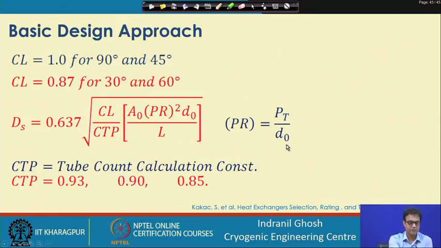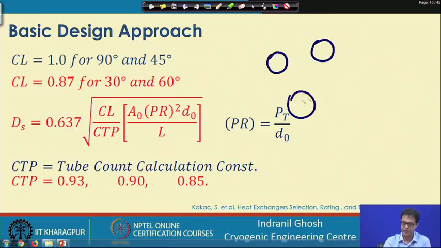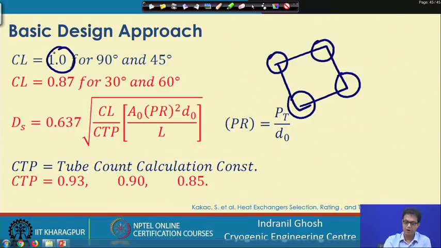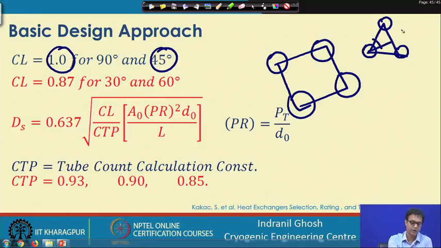We have this CL equal to 1 for 90 degree, and this is for 45 degree. That is the tube arrangement. This depends on the type of tube arrangement we are following. If they are at 90 degree, or inline configuration, then it becomes 1, or if it is 45 degree, then CL equals 1 as well.